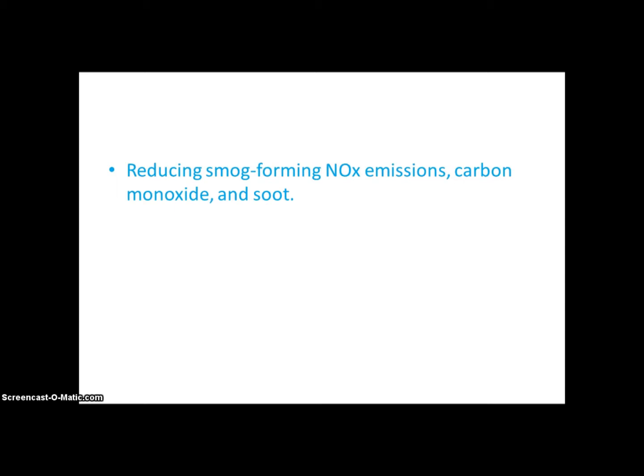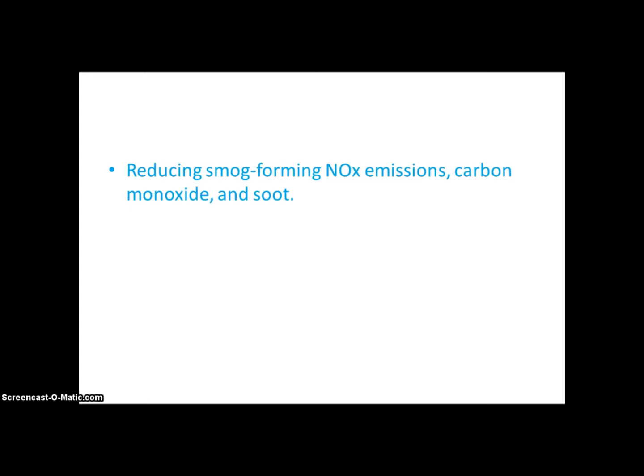The second advantage of using ECC for shaping the flame is reducing smoke forming, nitrogen oxide emission, carbon monoxide, and soot. This is because of the increase in air and fuel mixing in the combustion chamber, so emissions reduce because more fuel is burned.